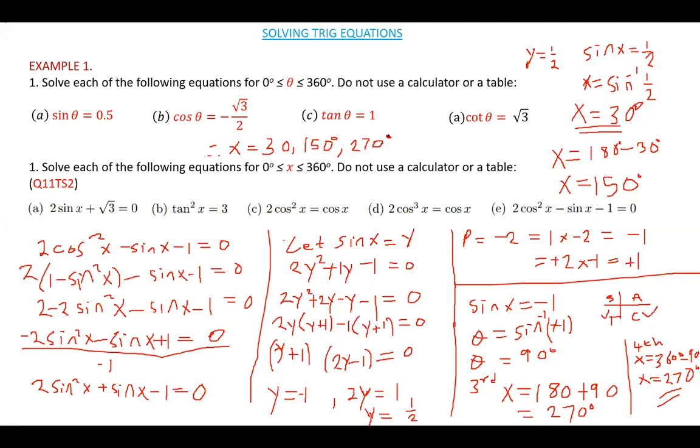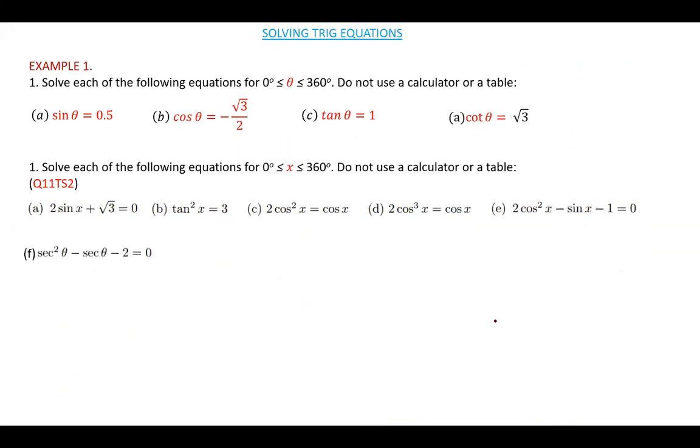So I think you now get the point here. This 270, since we found it at 2 points here, you don't have to repeat it again. You just write it once like that.